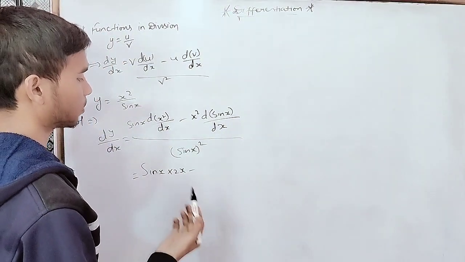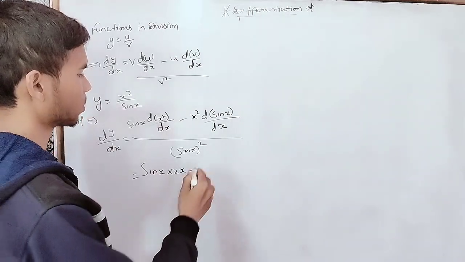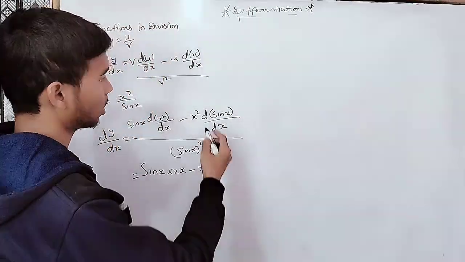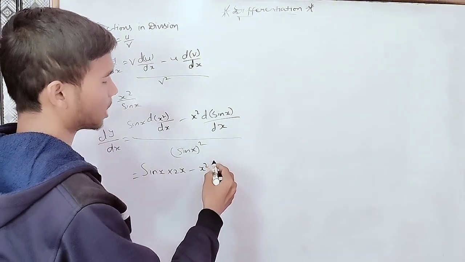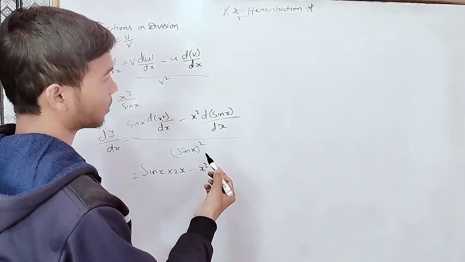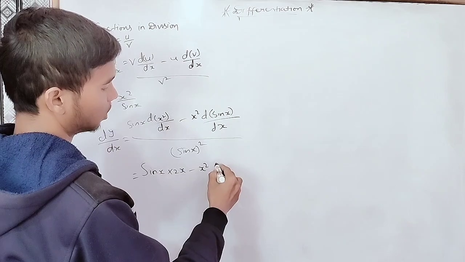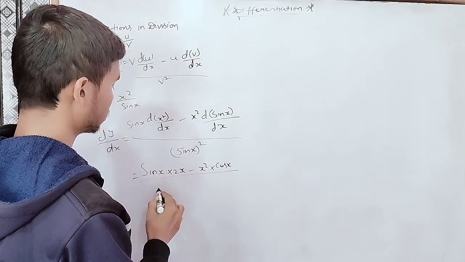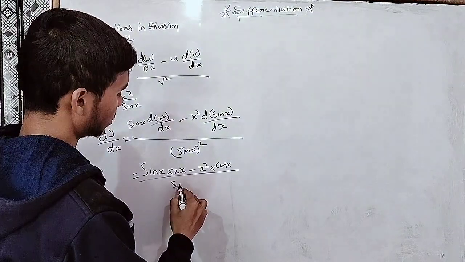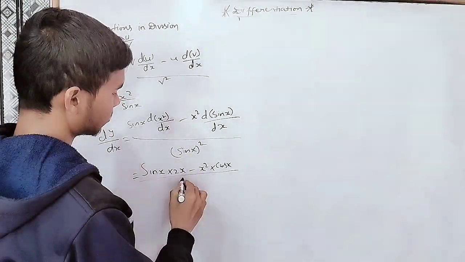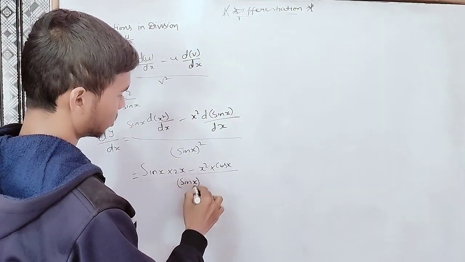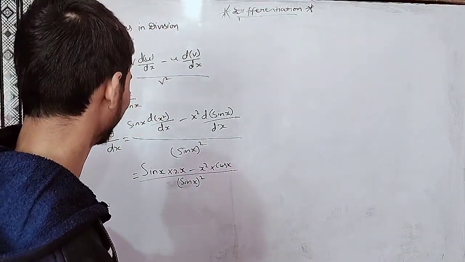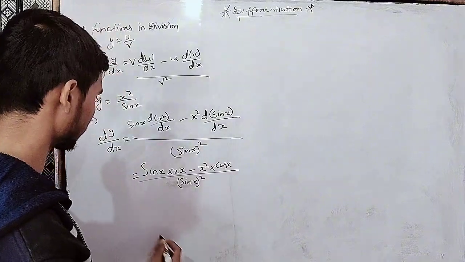Then we have subtraction. Then x square would be written as it. Then we have the differentiation of sine x, so it would be written cos x. Okay. Then we have sine square. I think that's it.